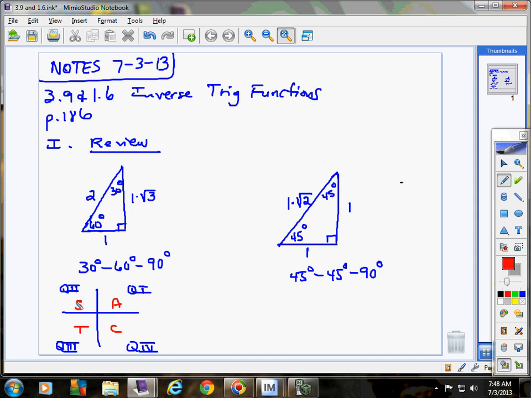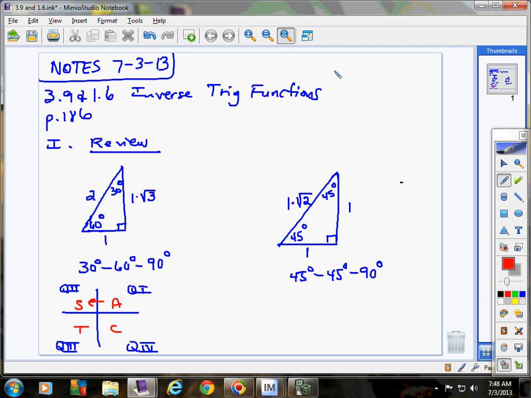If you think of it that way, you can label your positive trig functions in the same order you label your quadrants. All students take calculus 1, 2, 3, 4. So all the trig functions are positive here. Sine is positive here. Tangent's positive here, and cosine's positive here.